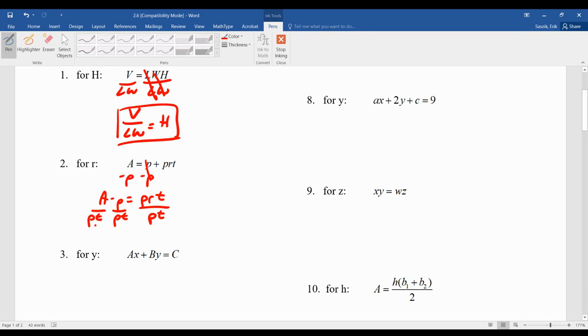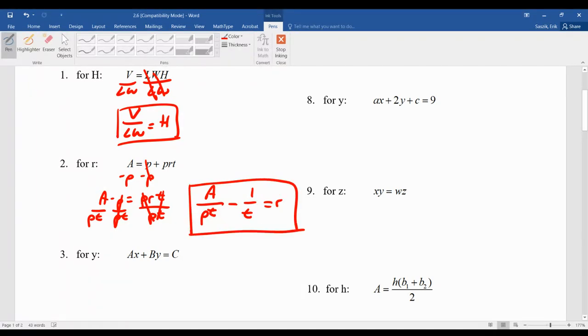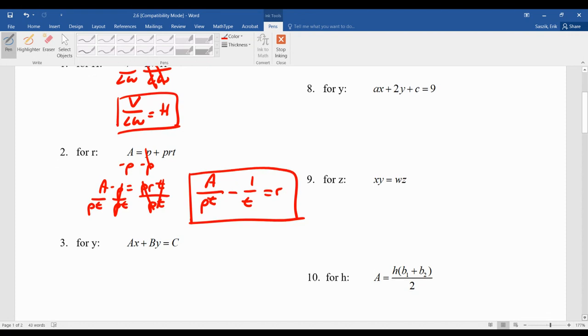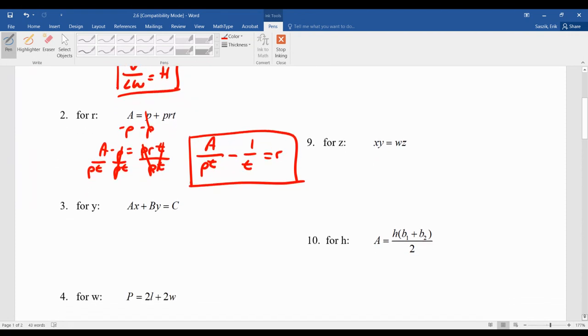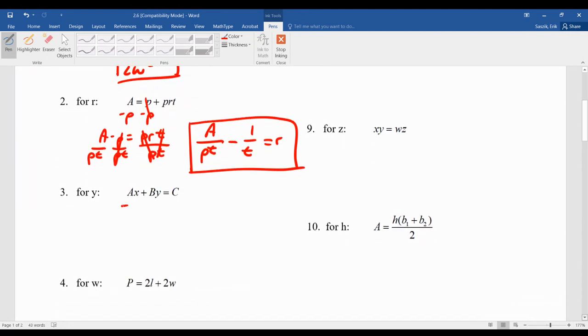Now this doesn't simplify at all. A over PT. Here, the P's cancel. But remember, where's the T? The T is down below. So be aware of that. Okay. That one's tricky. A lot of these aren't as bad.